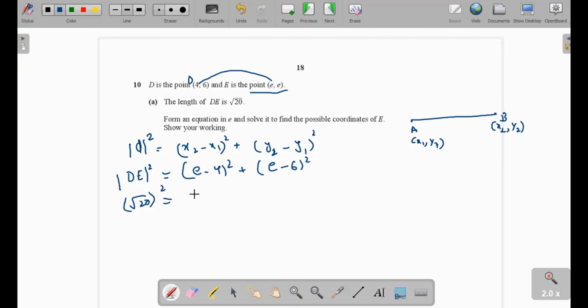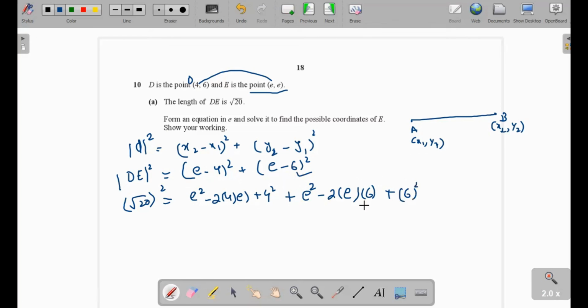(e minus 4) whole squared, we open the bracket: e squared minus 2 times 4 times e plus 4 squared. We use the formula (a minus b) whole squared equals a squared minus 2ab plus b squared. Here a squared is e squared, 2 times ab, this is the a, and this second term we consider as b, plus the square of the second term.